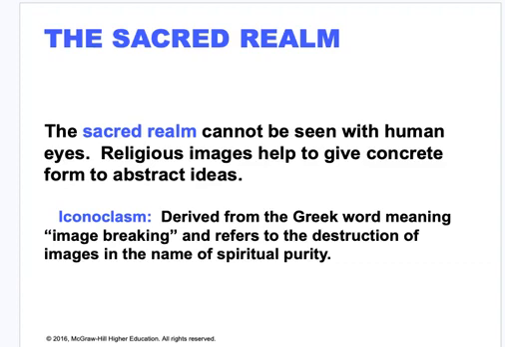So there were many mosaics and frescoes and images that were painted, created, depicting scenes from the Bible, about Jesus, about Christianity. And when this 8th century movement went through, they just destroyed all that because they felt it was idolatry.